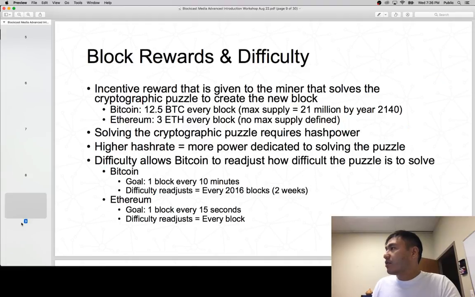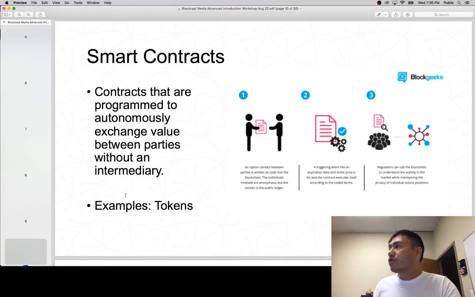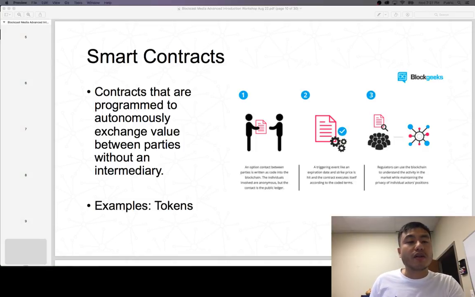Okay, so we're going to move on now to smart contracts, because that's sort of the 2.0 of Bitcoin. After Bitcoin was released, Vitalik Buterin came up with the concept of smart contracts for a blockchain.